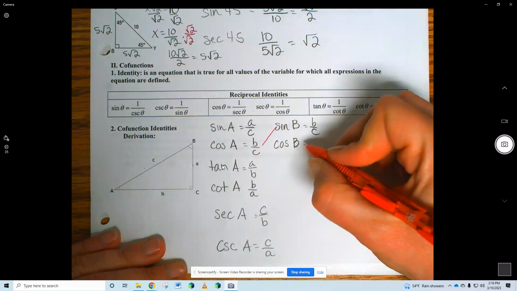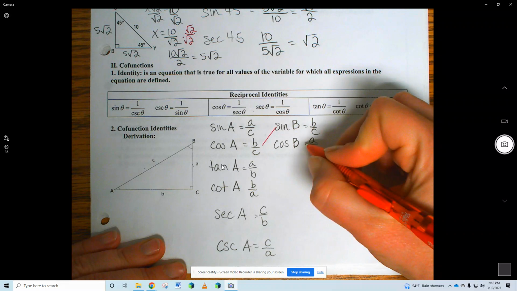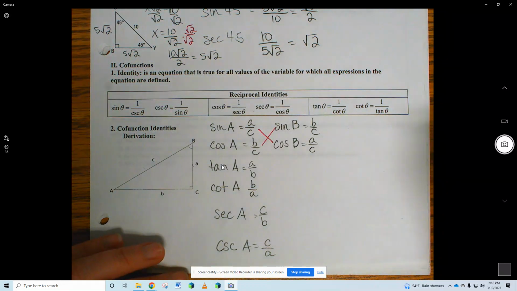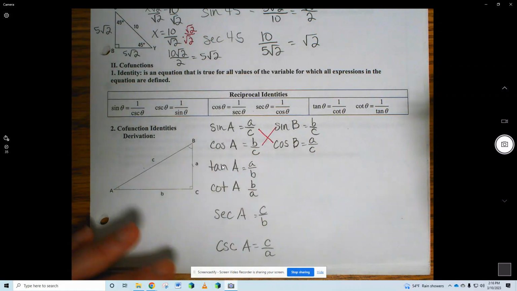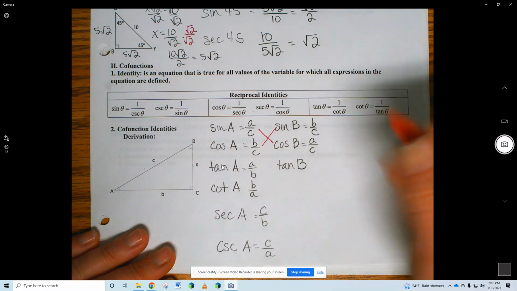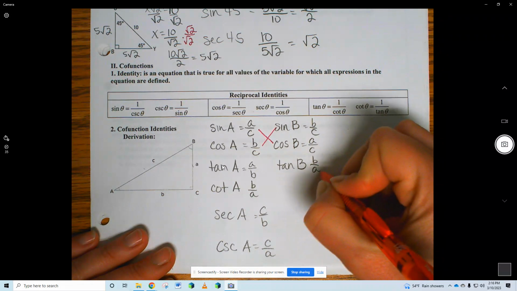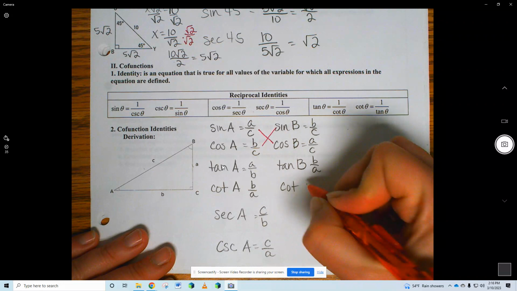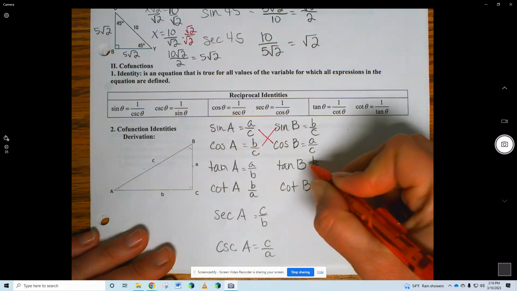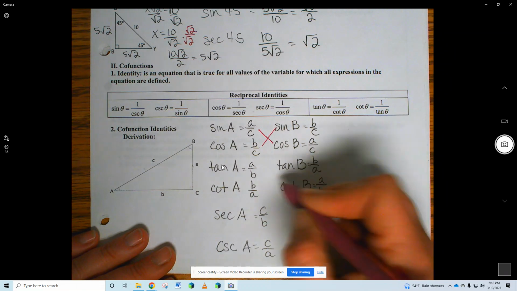Cosine of angle B is going to be A divided by C. That matches up there. Tangent of B is B over A. Cotangent of B is A over B. Those match up like that.